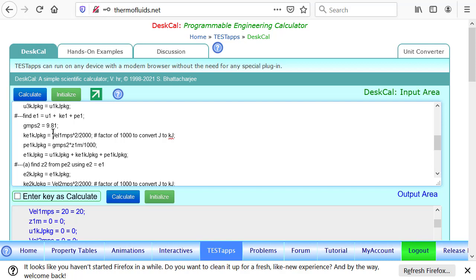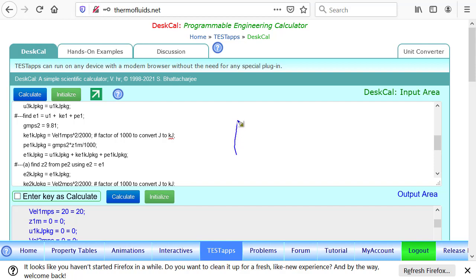We declare that here. So Ke1 is, as you can see, the velocity squared by 2000, as we know, to get the unit corrected to kilojoule. Pe1 is g times altitude by 1000. So therefore, specific stored energy, U plus Ke plus Pe, can be found here.